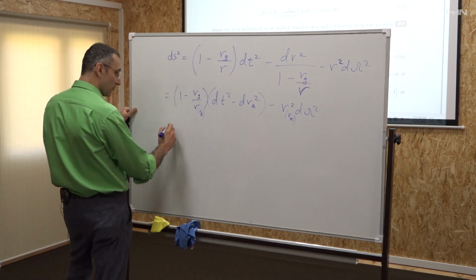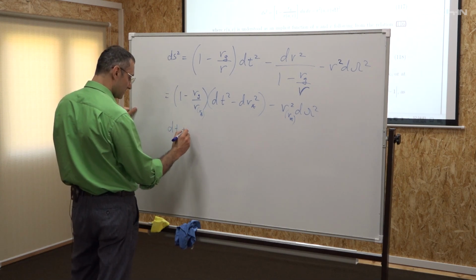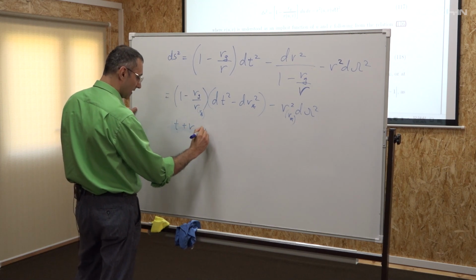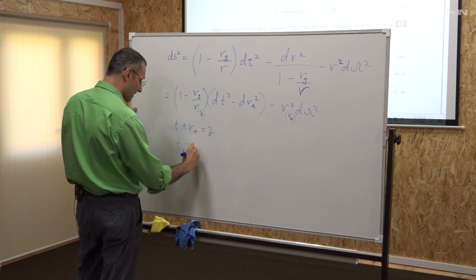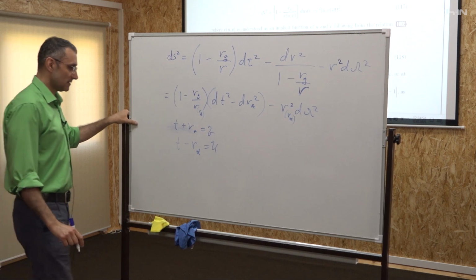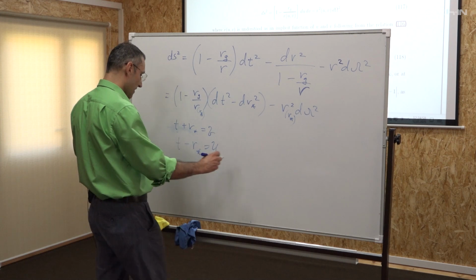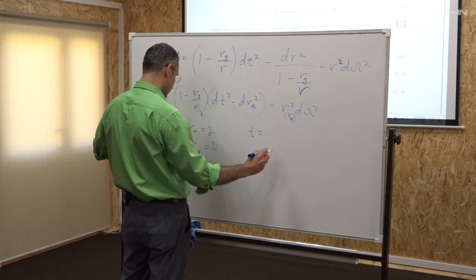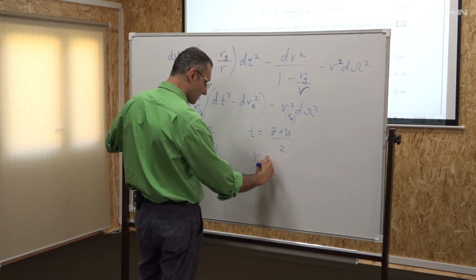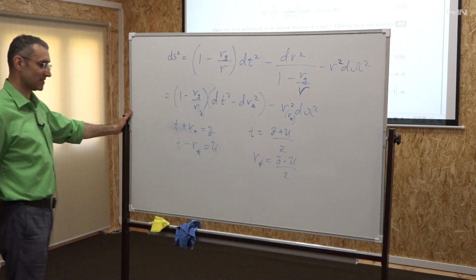Then I can make the following change: t plus r star I call v, t minus r star I call u. Okay? Now one can easily check that t is just (v plus u) over 2, r star is (v minus u) over 2. You see?